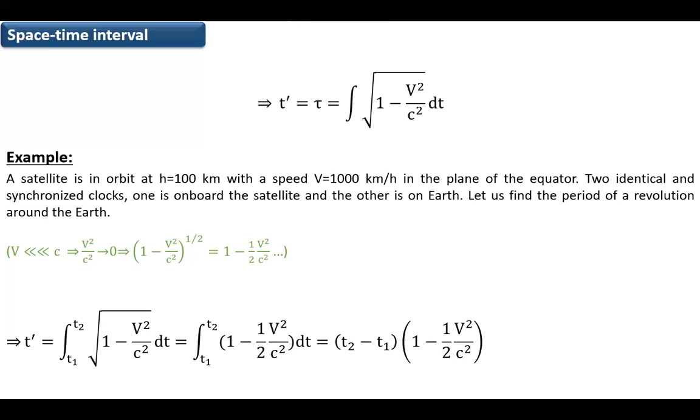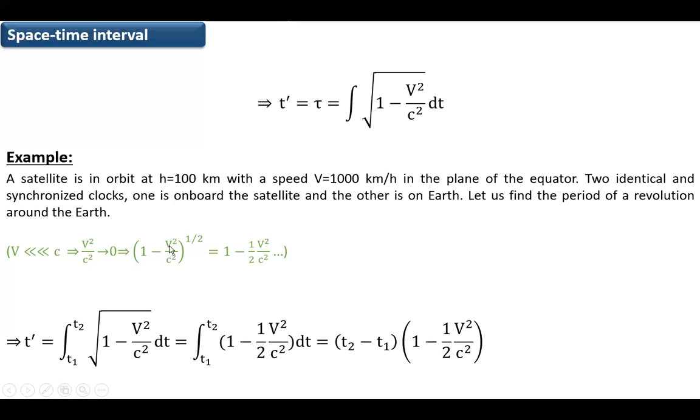And mathematically speaking, if you remember the mathematical courses of the first year, the Taylor expansion and the expansion of 1 minus epsilon, because v squared over c squared is very small, tends to 0. So the radical of 1 minus v squared over c squared is like 1 minus epsilon to the power 1 over 2.